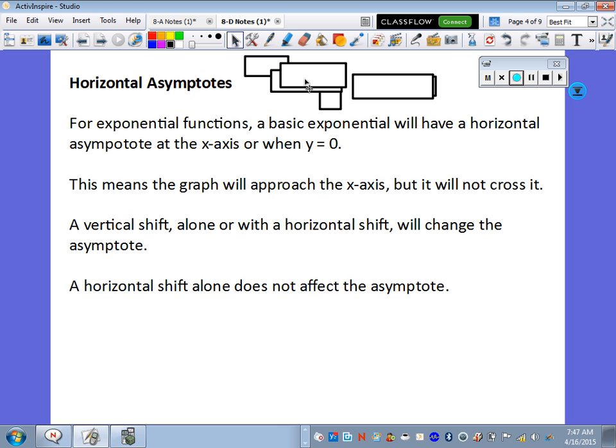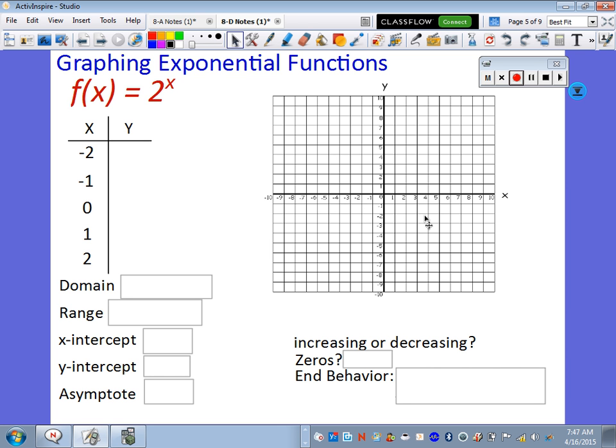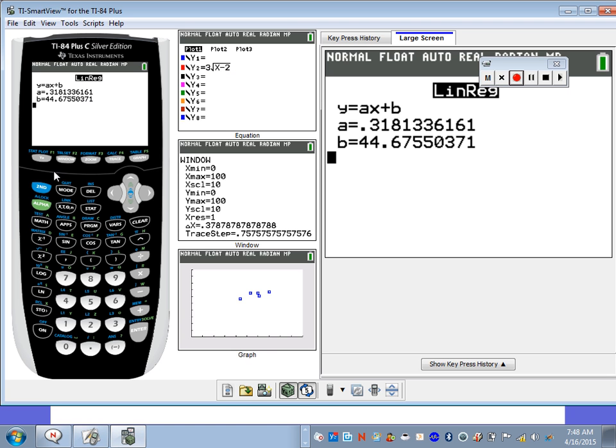Now here we're going to go ahead and do one. They have you filling out a table, but I'll be honest, I am perfectly good with you just using the graphing calculator. So I put up a TI, and let's go in and do one.